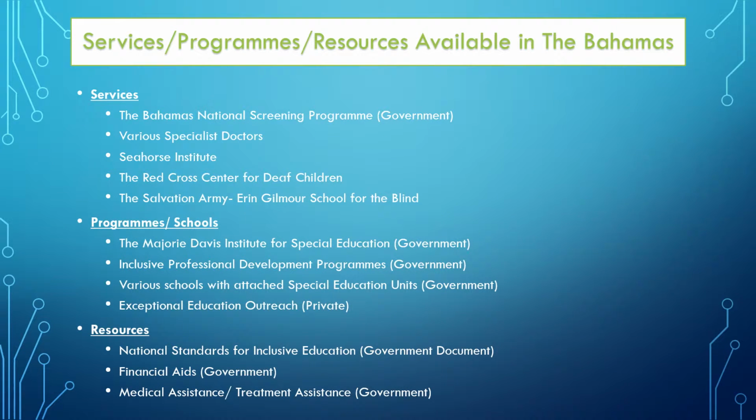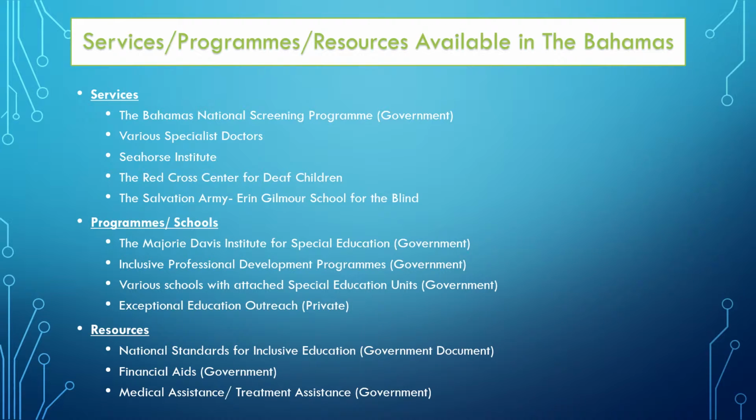Now, sourcing assistance can be found in many forms when it comes to services, programs, schools, or other resources like documentation or financial aid. Some services in the Bahamas that can assist those in need of disability assistance would be the Red Cross Center for Deaf Children, the Salvation Army, and the School for the Blind.